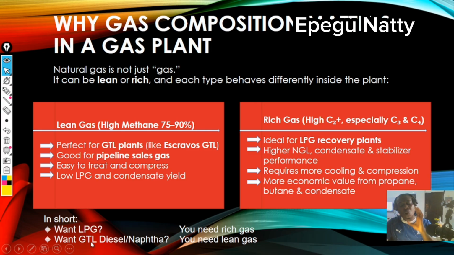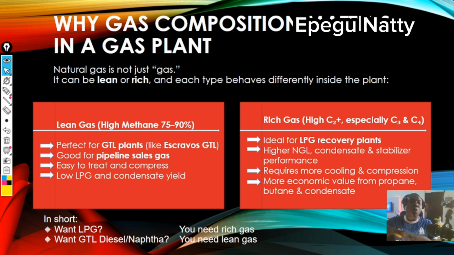Like I said, we are looking at composition. You need to know so that you position your plant to be able to refine the kind of gas that is sent to you, either lean gas or rich gas. The next point is that it is easy to treat and compress. Very easy to treat because it's lean gas. What you need to do is just remove your impurities, use the amine, use your contactor, and remove the impurities: the water, CO2, and hydrogen sulfide.